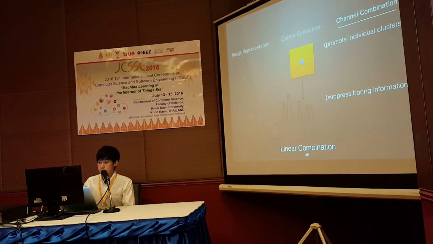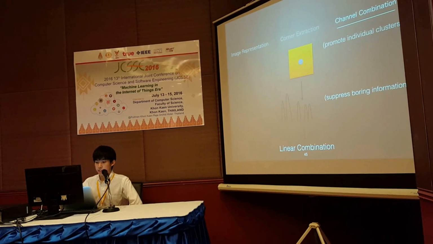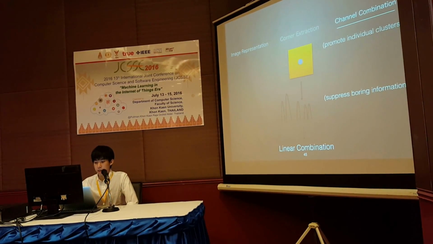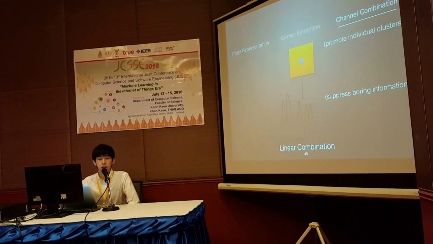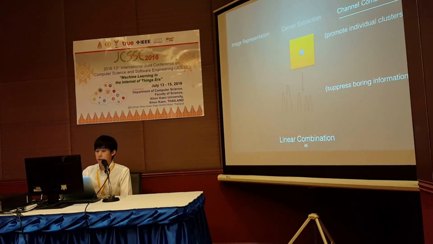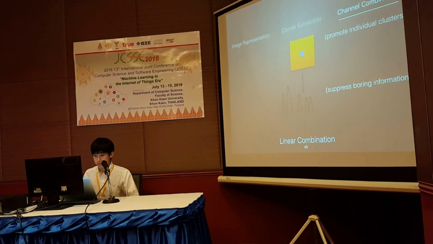In the last stage, we do some post-processing by first subtracting the center from the surrounding, and then dividing the whole feature map by the number of local maxima to give more weight to feature maps with fewer peaks.